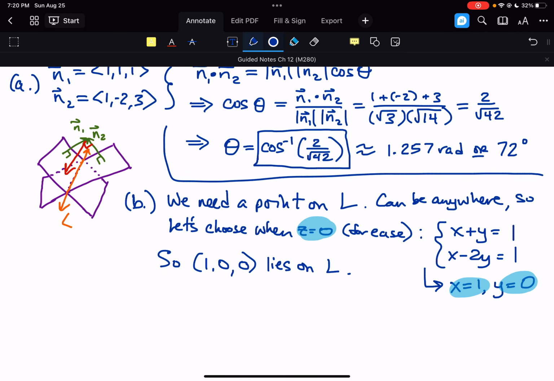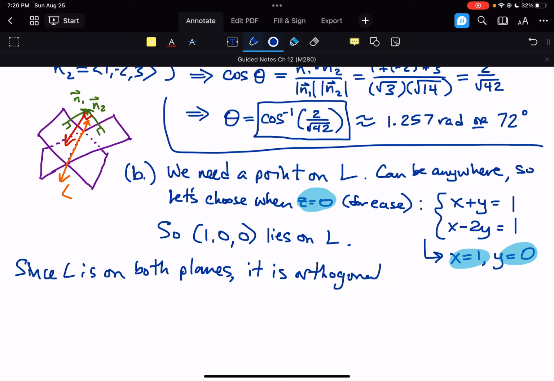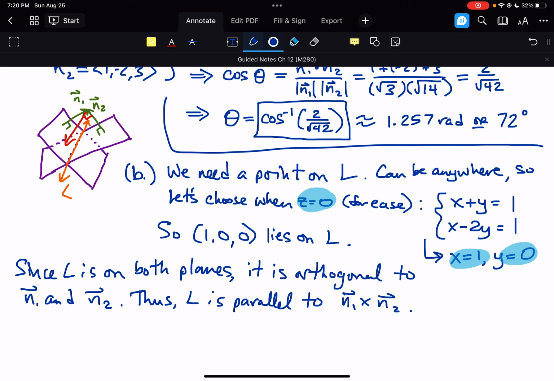Okay. So let's go ahead and write this out here. So since L is on both planes, it is orthogonal to N1 and N2. Thus, L is parallel to N1 cross N2.